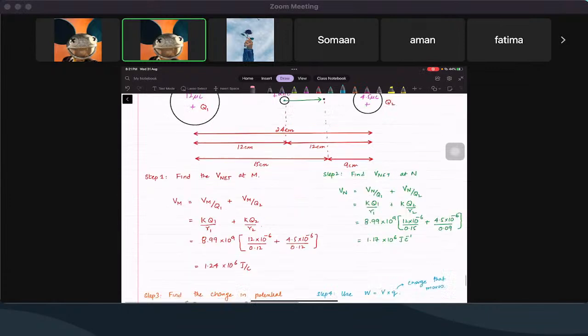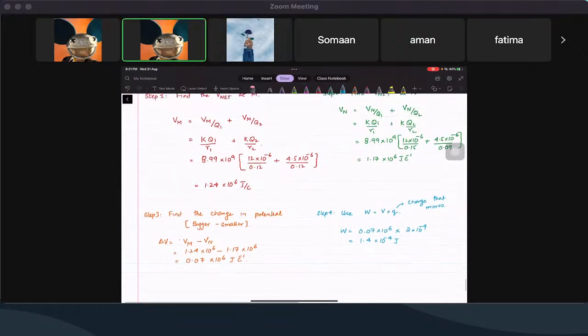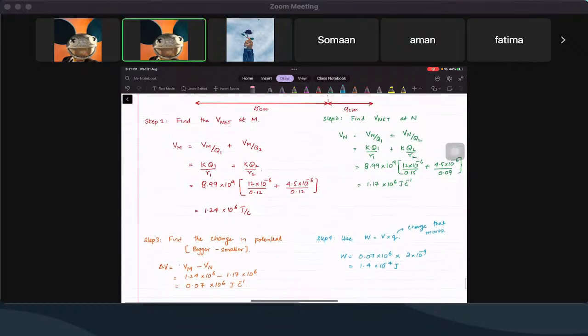So 2 nano is 10 raised to minus 9. Can you guys tell me what would be the answer? Is it this? 1.4 times 10 raised to minus 4 joules. Yes. So these are the 4 steps to deal with any question that asks you to find change in potential or work done at the end. All right, I hope you guys understand this.